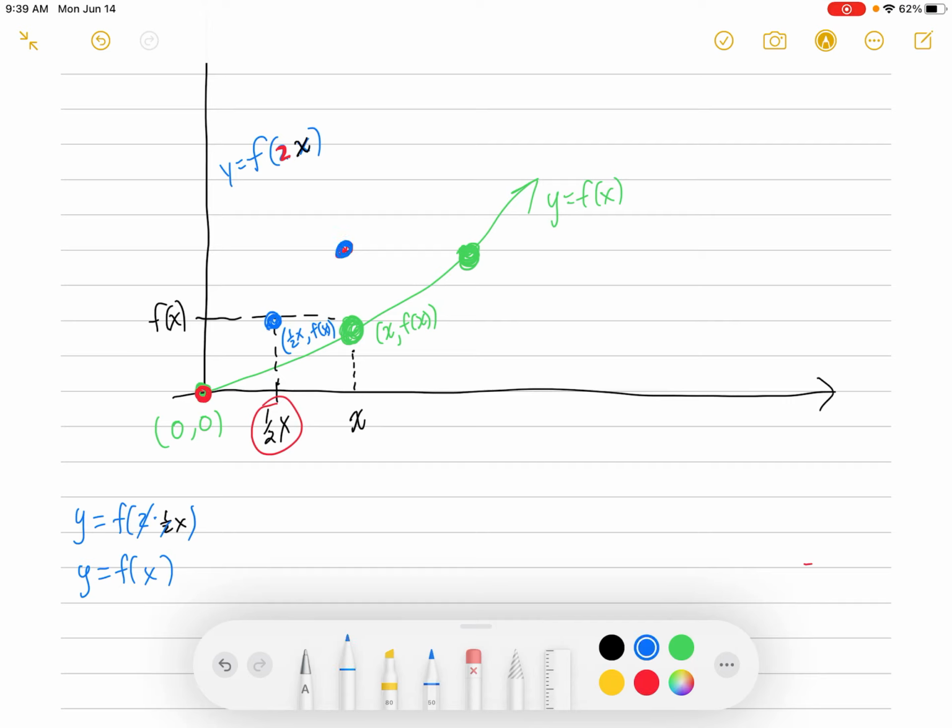So the x value is going to be somewhere here. Oh, these should be blue, not red. So the y values don't change. The f of x doesn't change. It's going to be actually multiplying the x-coordinates by 1/2. So you're going to get something like this for your blue function, y equals f of 2x.